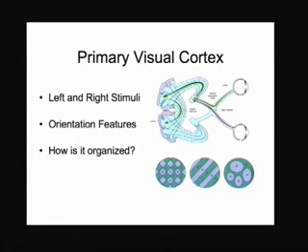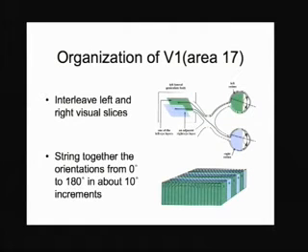And indeed, that's exactly how the striate cortex is organized, with bands corresponding to the left visual field and bands corresponding to the right visual field interspersed. Then within each one of those bands, they're cut up in terms of cells that are tuned to specific orientations. So the box on the bottom is what's called a hypercolumn.